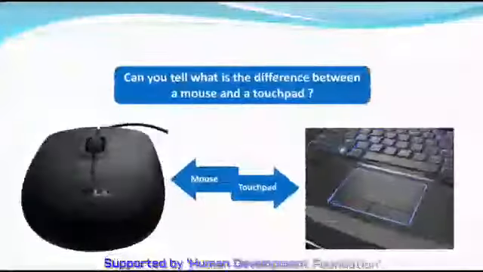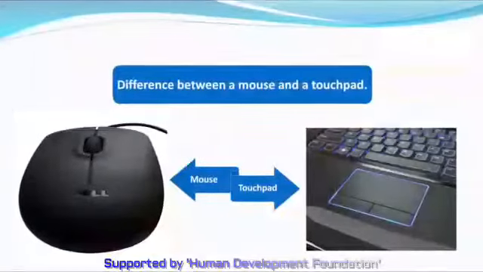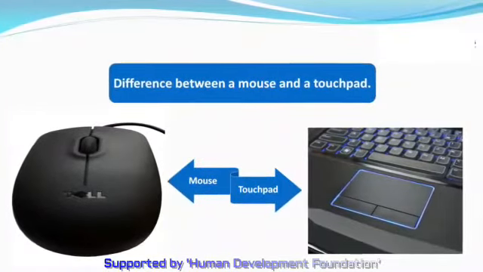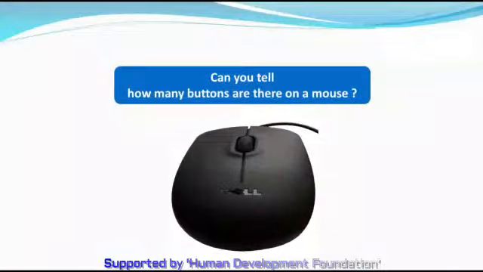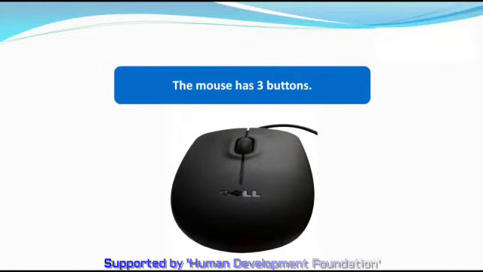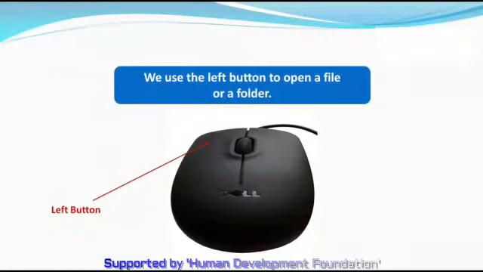Can you tell what is the difference between a mouse and a touchpad? We use the mouse with desktop computers and the touchpad with laptop or notebook computers. Can you tell how many buttons are there on a mouse? The mouse has 3 buttons. We use the left button to open a file or a folder.